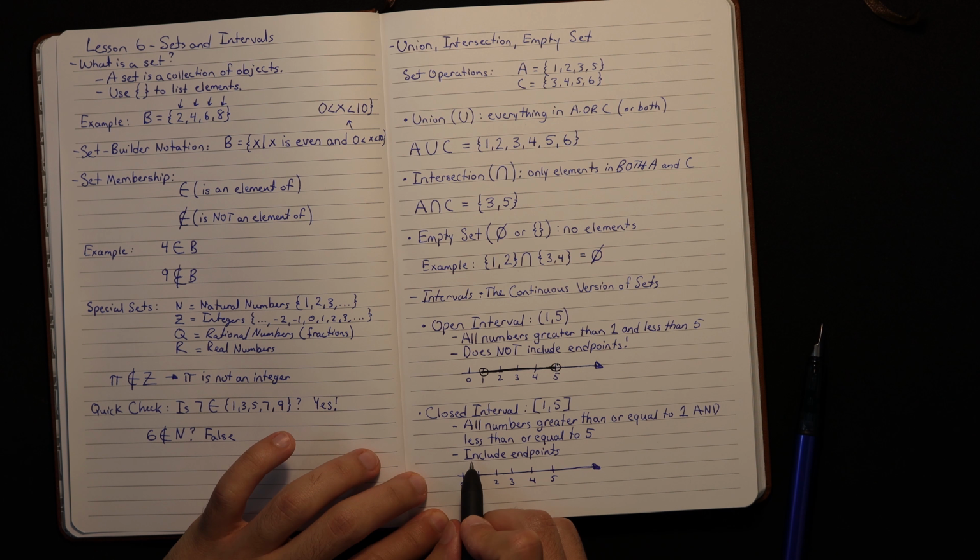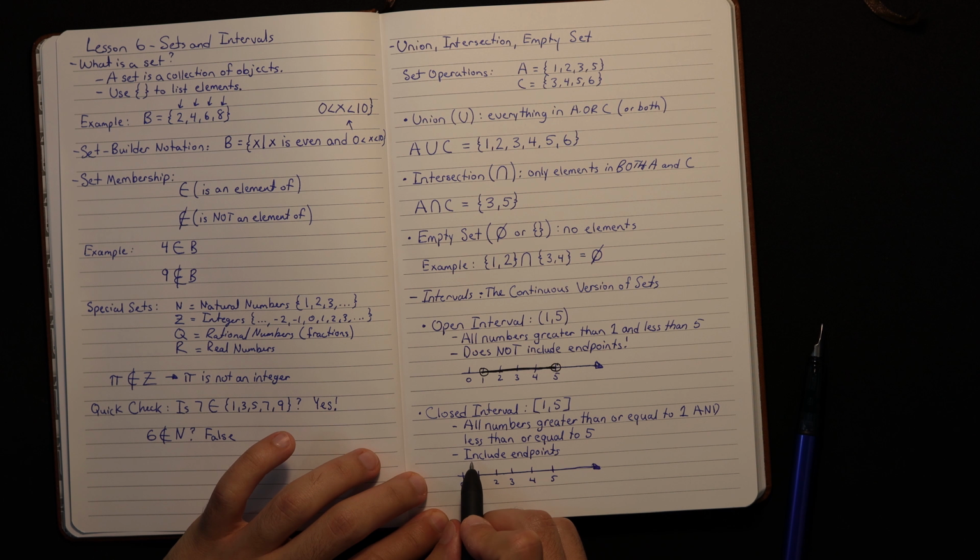You could choose a number like 4.9 or 4.99 or 4.999 with 100 nines at the end of it. But you can never choose 5. You can get as infinitely close to 5, but you cannot choose 5. Whereas here, there's no problem with the closed interval. And the biggest difference is that open intervals use parentheses and closed intervals use square brackets. Square brackets indicate endpoints are included.